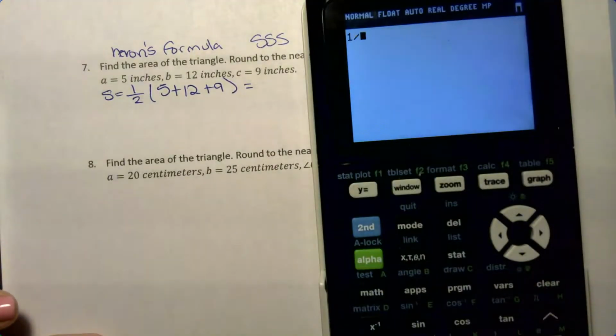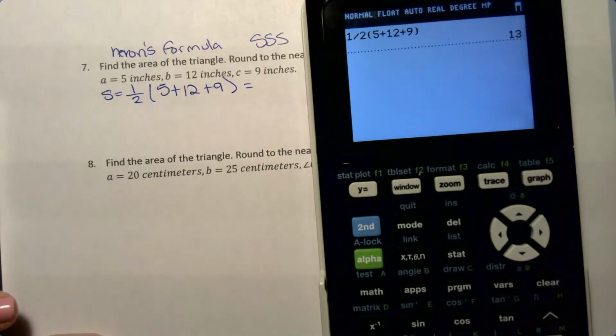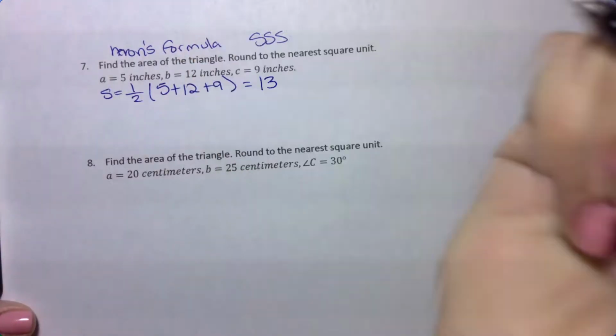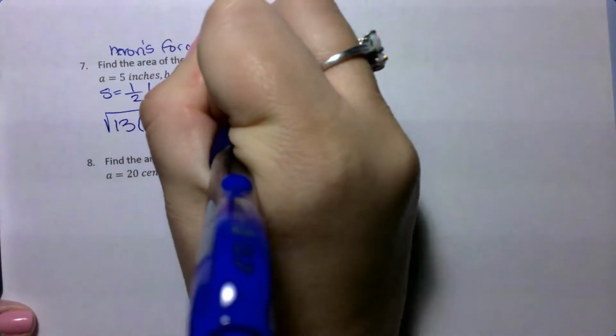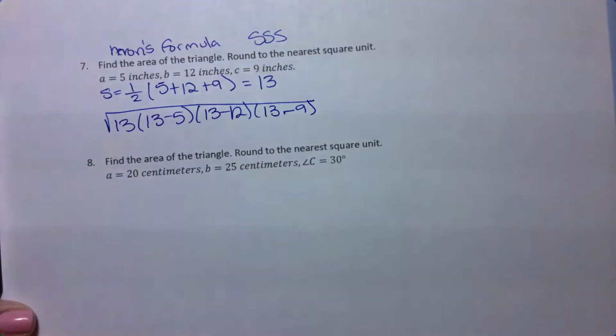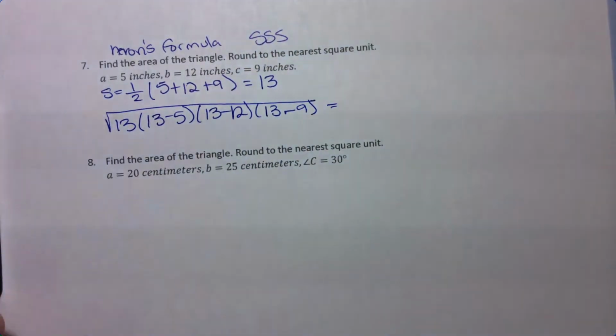I have 1/2 of 5 plus 12 plus 9, which is 13. Then I'm going to plug into that formula. So I have the square root of 13, and then times 13 minus 5, times 13 minus 12, times 13 minus 9. And then I just type that whole thing into the calculator.